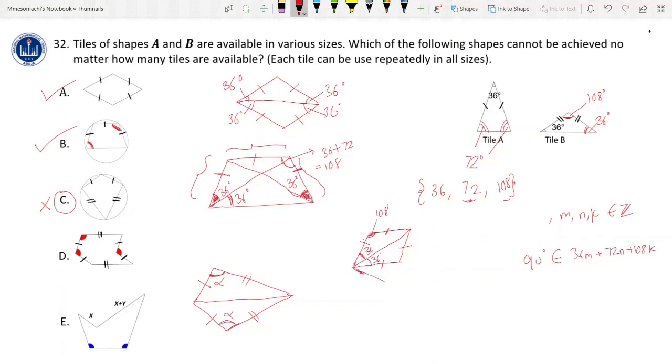So we use tile A, of a size such that this length here is equal to this, and then we form another parallelogram. So sorry about that. So you erase this, okay? So we form another parallelogram, or rhombus rather.